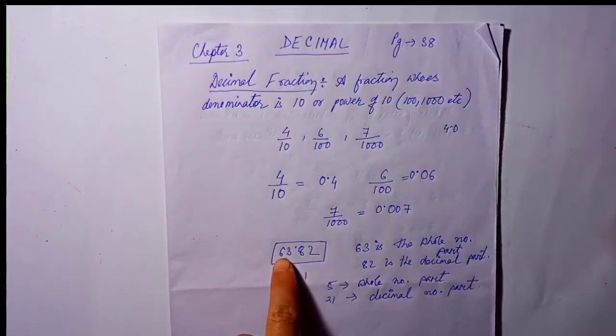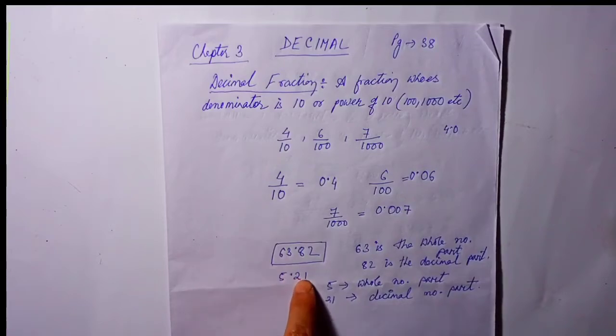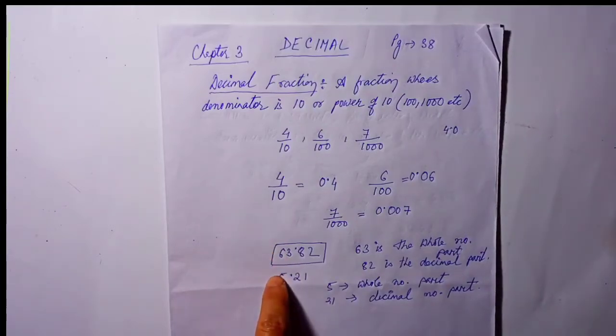Now see, 63.82 has two decimal places, that is 8 and 2. Similarly 5.21 has two decimal places, that is 2 and 1. These two numbers will be termed as like decimals.